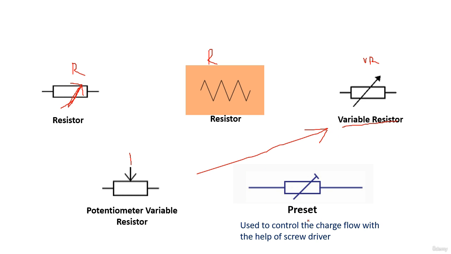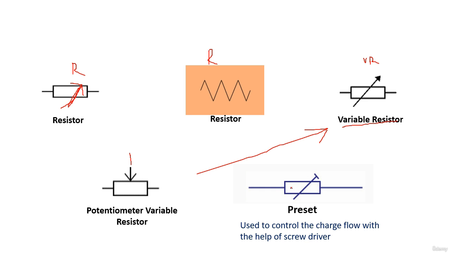And here this is a preset resistor. This symbol means we have a normal resistor with a symbol beside it. So the symbol with this normal resistor means a preset resistor.